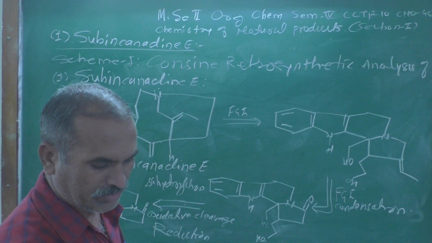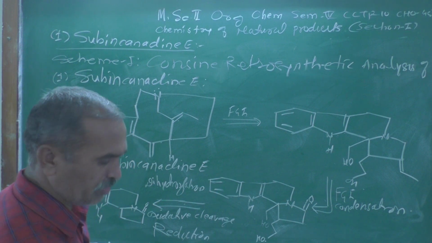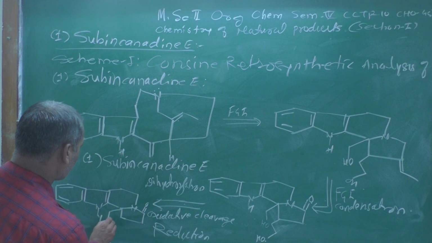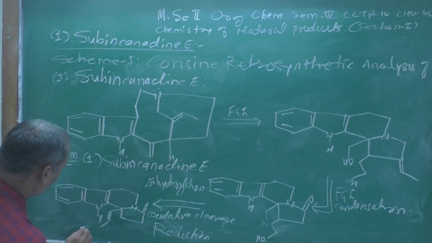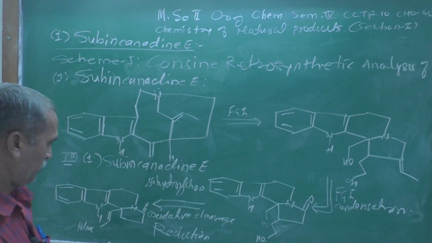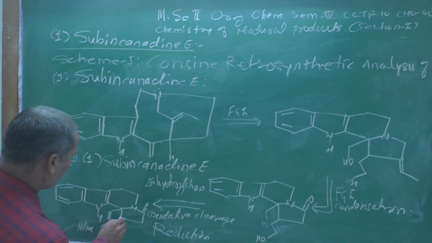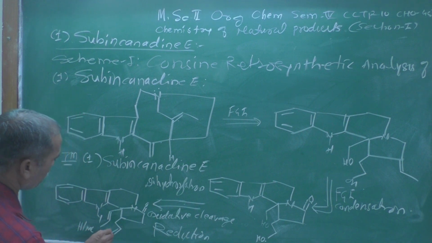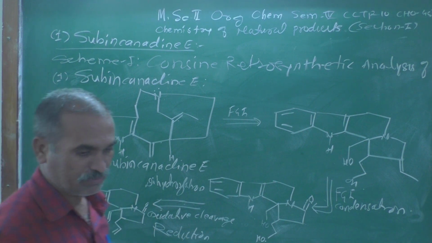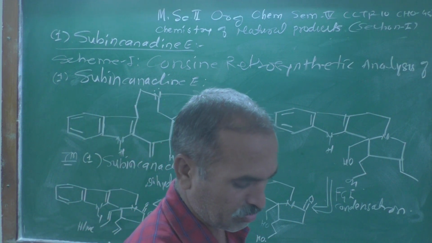Here we are inserting a double bond, and here maybe a hydrogen or methyl group at this position, and after that there will be a terminal CH2, then here is a double bond. This type of molecule you may get over here.